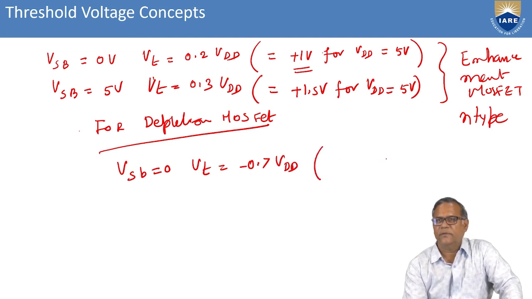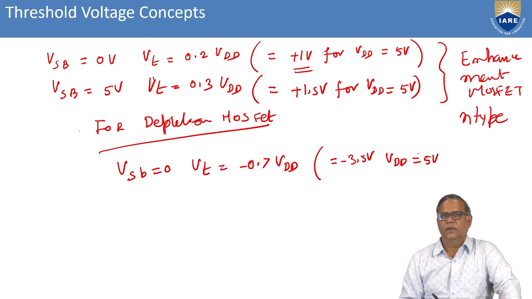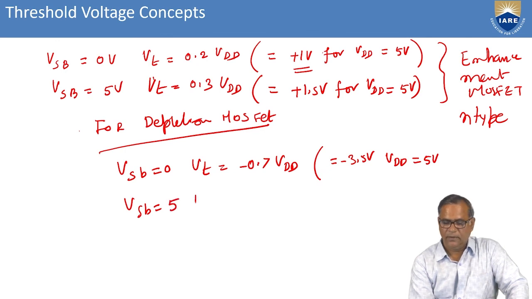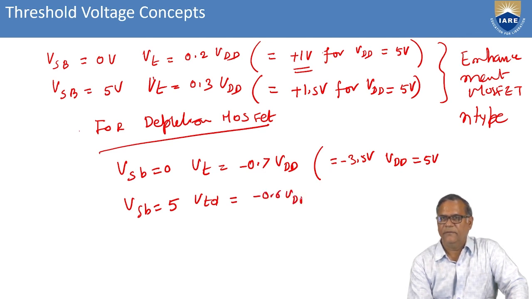So when VDD is equal to 5 volts, then VT is equal to minus 3.5 volts. Okay, and if VSB is equal to 5 volts, then VT is equal to minus 0.6 VDD.